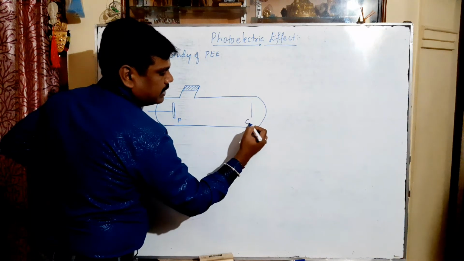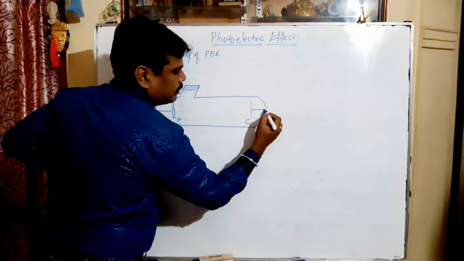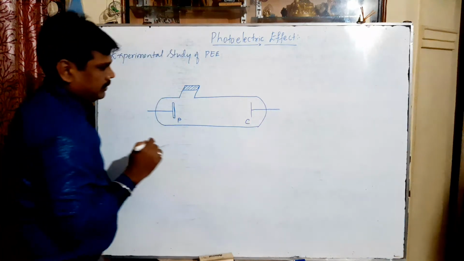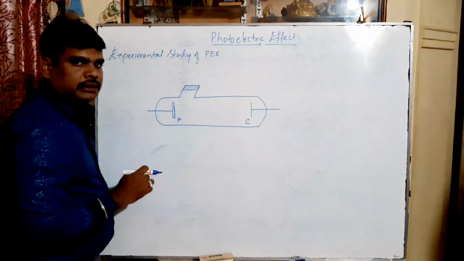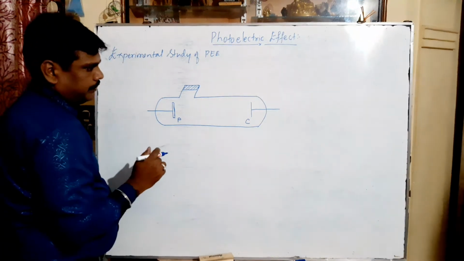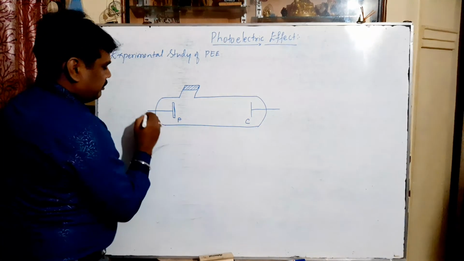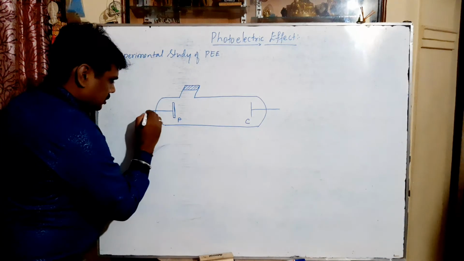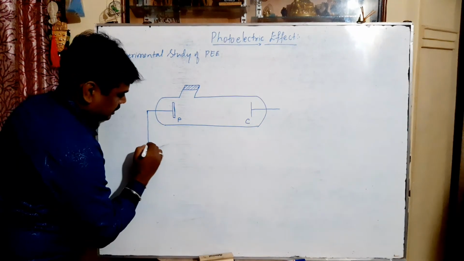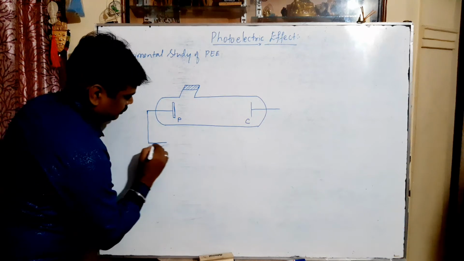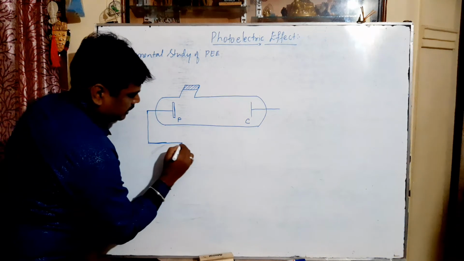This is the collector plate C, provided with a terminal A. These two plates are connected with a battery. That arrangement is important here. To connect the battery or a potential difference, let us take a connecting wire which can help to connect the plates P and C.